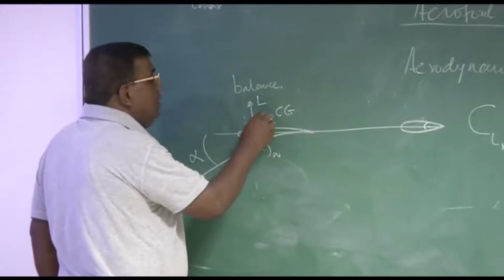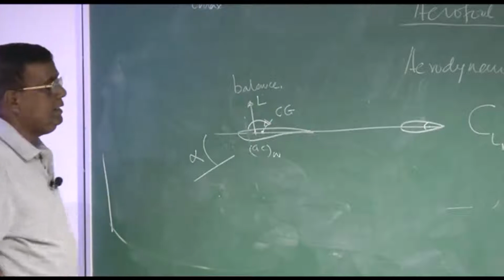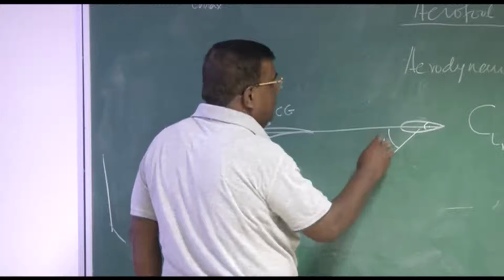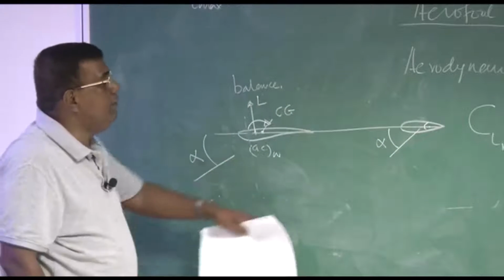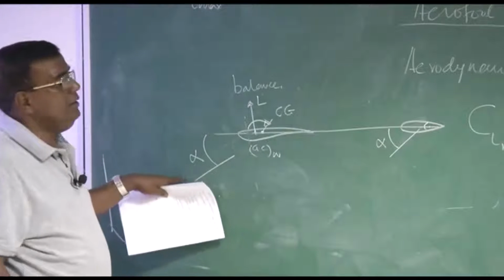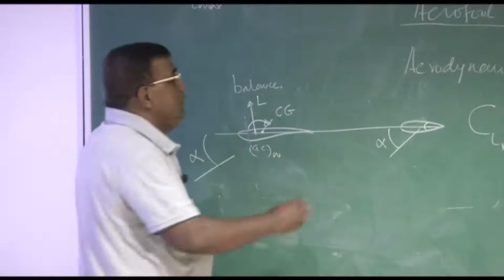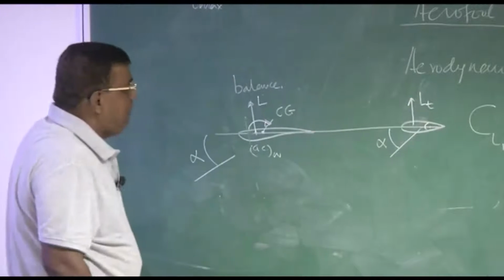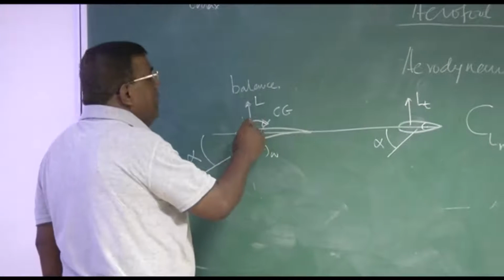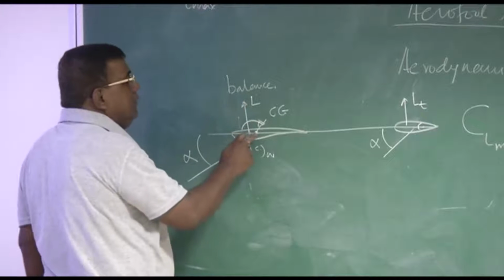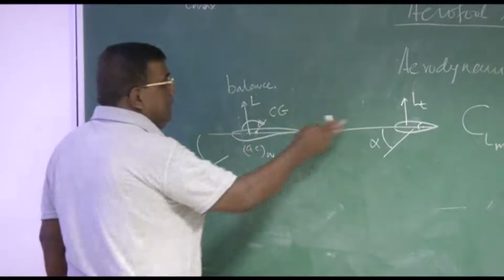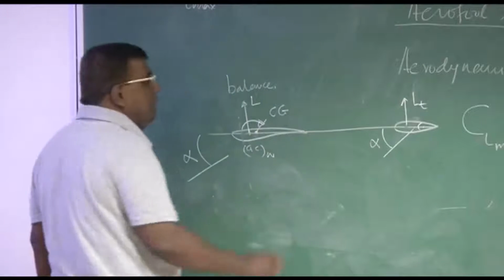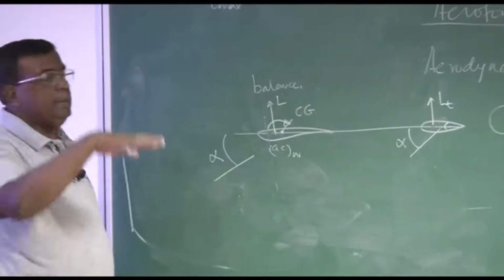This will give a nose down moment at CG. The equivalent alpha of the tail may not be equal to this alpha, as you know, it will be lesser because of downwash. So this will generate a force here, the tail lift, and I have to ensure that the moment balance is there: this lift gives a nose up moment about CG, this gives nose down. So I have to ensure the lift as well as the distances so that there is a moment balance.